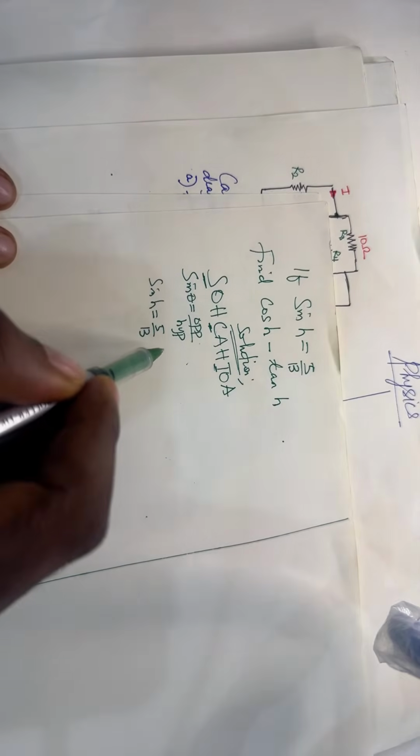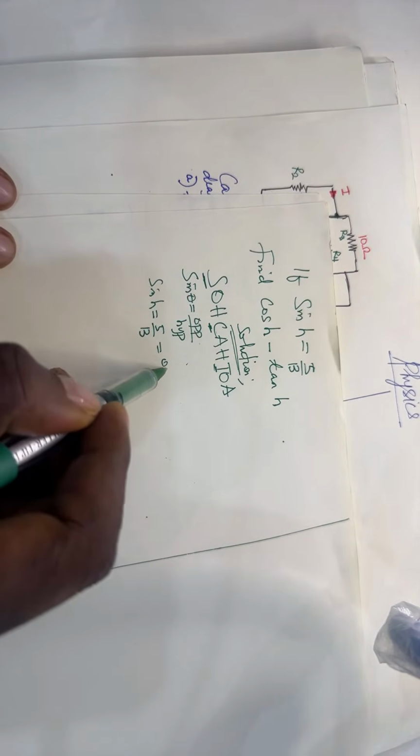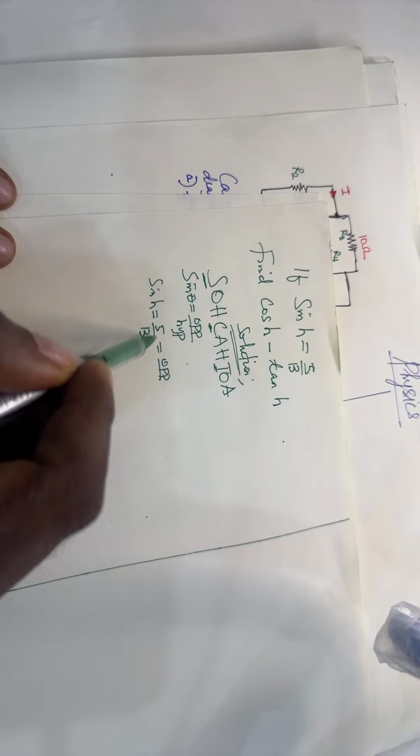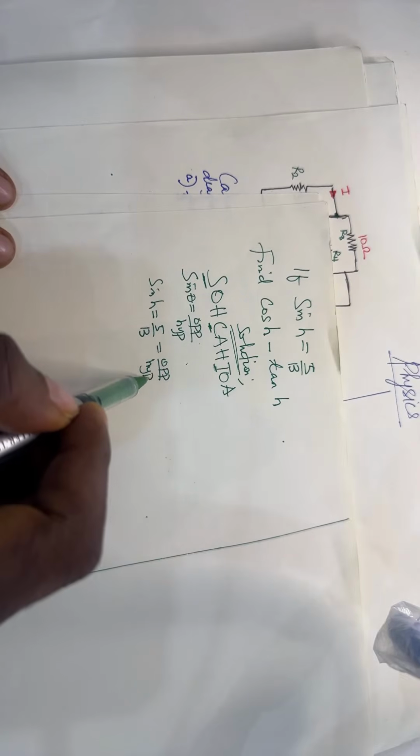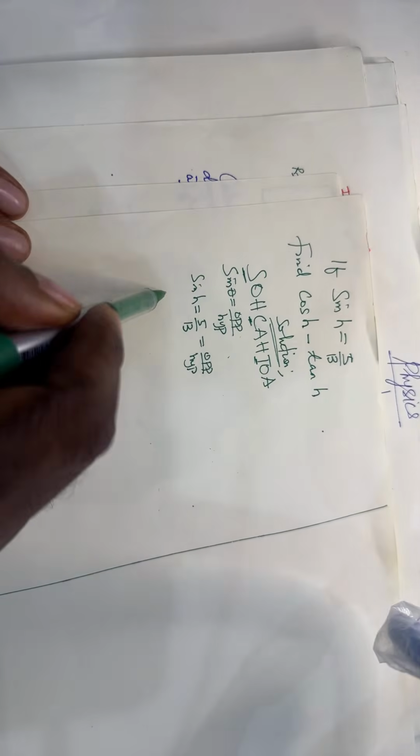Good, you're correct. So opposite will be 5 and hypotenuse will be 13. Nice one. So let's draw a right angle triangle.